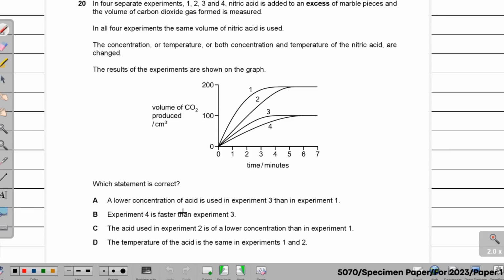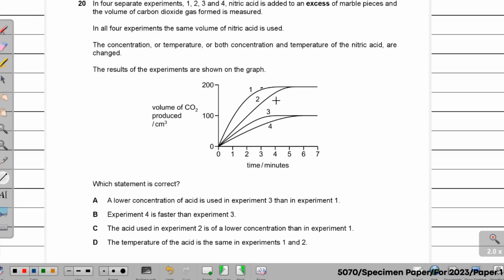A lower concentration of acid is used in experiment 3 than in experiment 1. So the concentration is obviously going to be affecting the rate of reaction. Now do note, all of these reactions come to a steady point at a certain time. In number 1, the steady point is achieved a bit early since it has the highest rate of reaction.